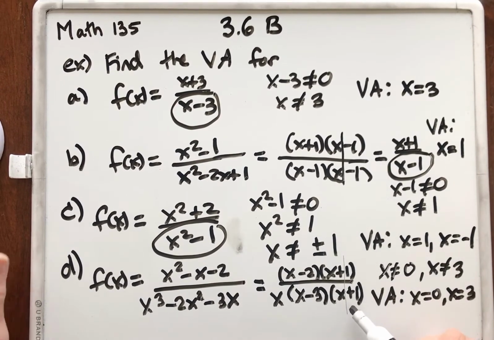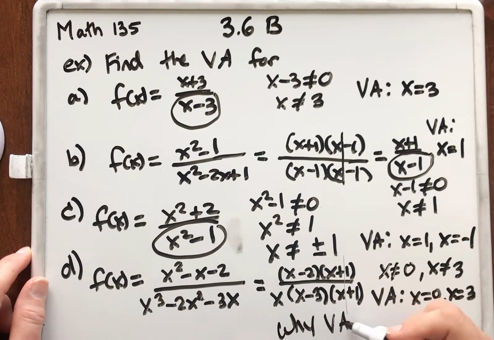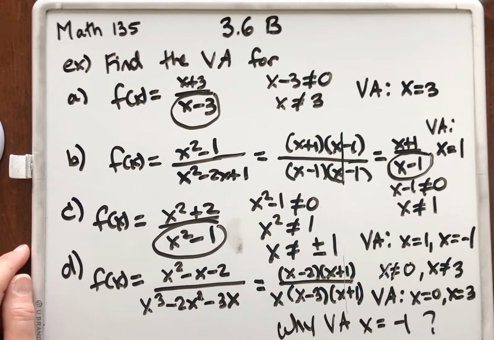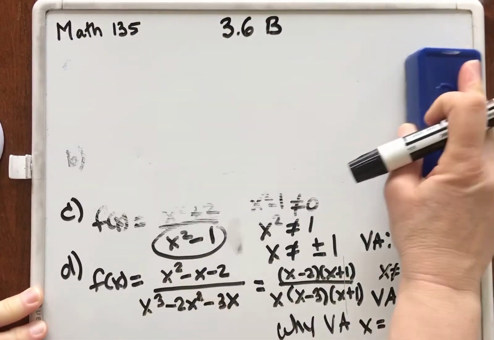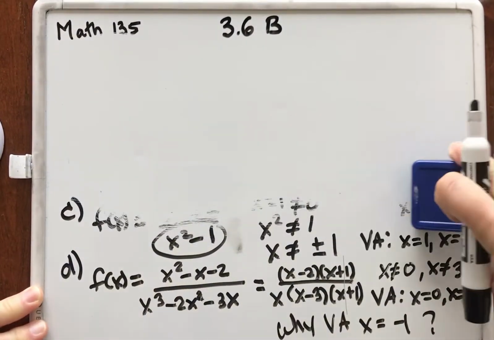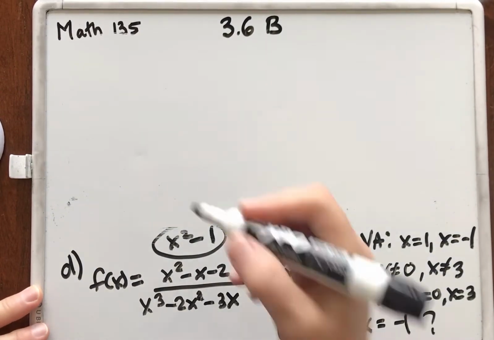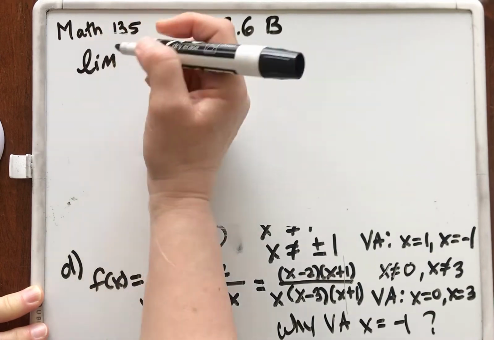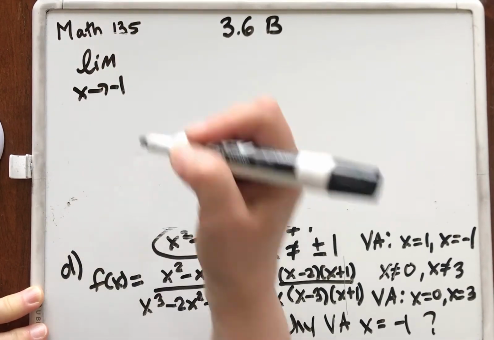Now let's look at this one. We say, well, why don't we have a vertical asymptote at x equals negative 1? We're going to ask that question. Well, I'm going to go up here to make some room to answer that question. Remember, we talked about limits. So let's look at the limit as x approaches negative 1.